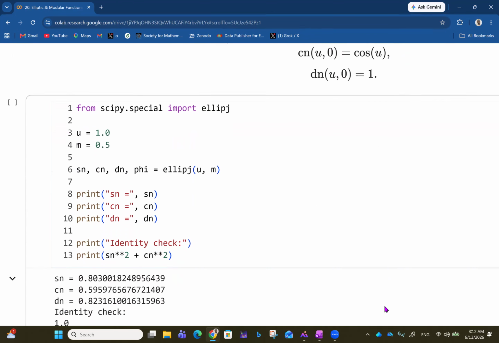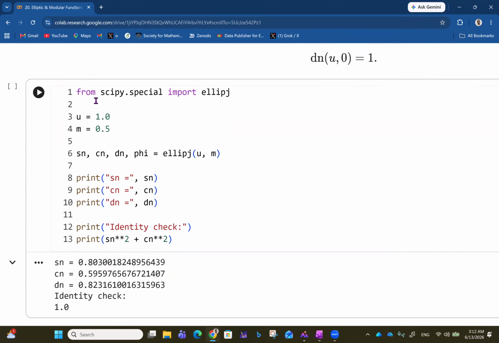Then if you take from scipy.special, you import ellipj. So we have elliptic functions as part of the SciPy special module. If you take u to be 1.0 and m to be 0.5, and you want to get Sn, Cn, Dn, and phi, from ellipj of u and m, you print each of these and you can do the identity check to see if Sn squared plus Cn squared will result to 1, and that's exactly what happens.